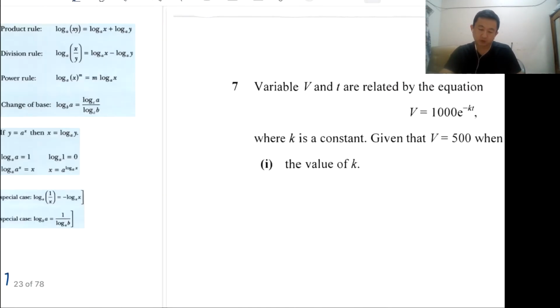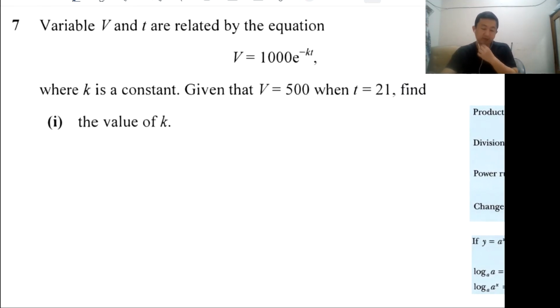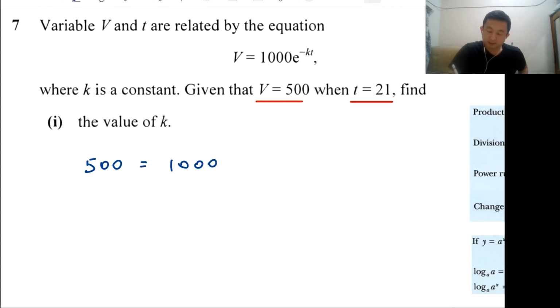Okay, we move on. Applications of exponential form. Variables v and t are related by the equation, k as a constant. So this is given, so you have to sub this in. Whatever is given is useful, so you have to sub this in to find the value of k. So 500 equals to 1000 times e, the exponential, minus 21k.